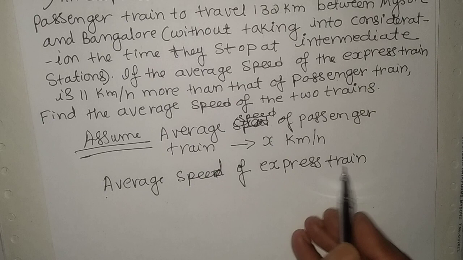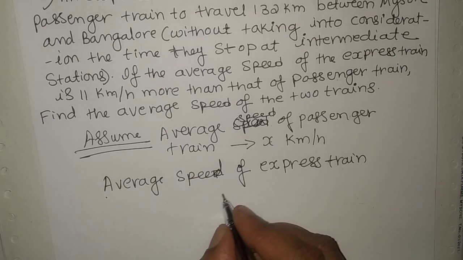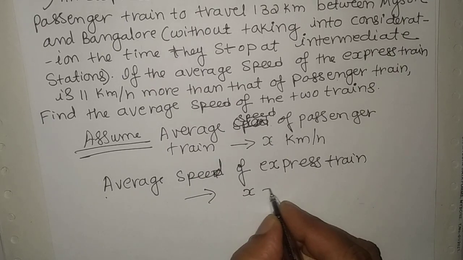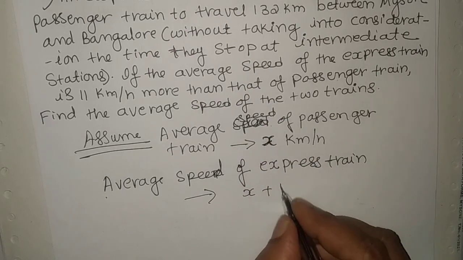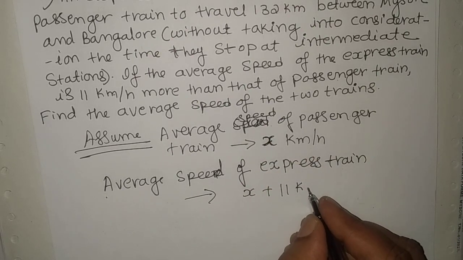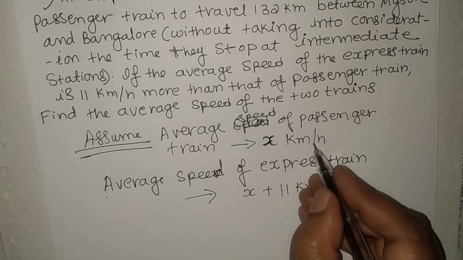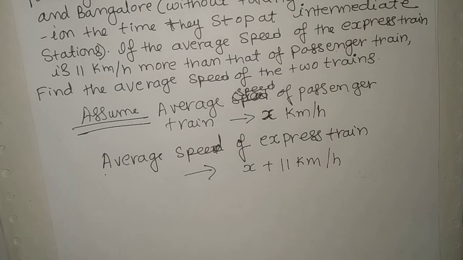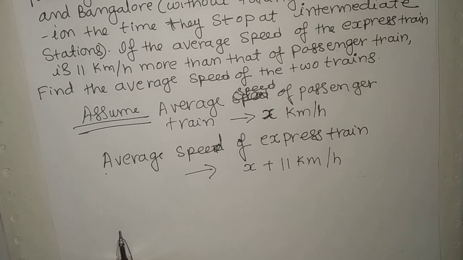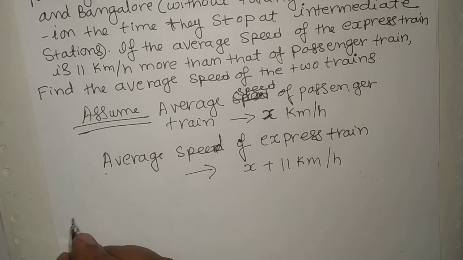So the average speed of the express train will be x plus 11 kilometers per hour. This is the assumption.